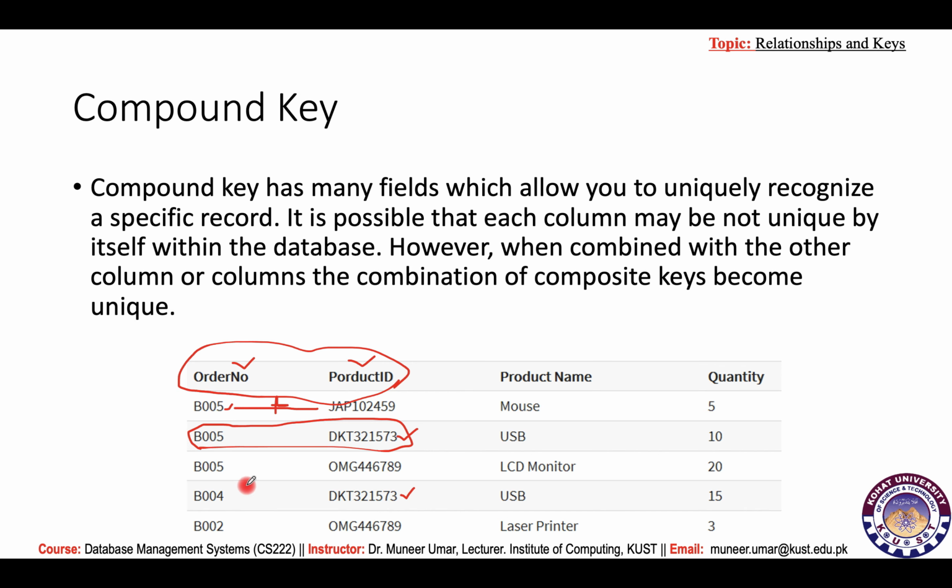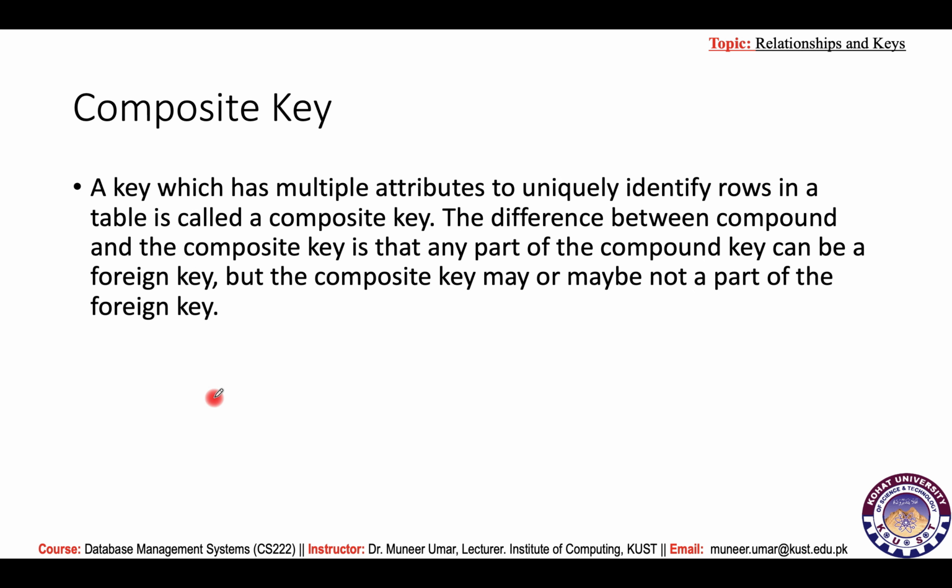Throughout the table we may have thousands of records, so these combinations would not repeat. This is known as compound or composite key. The combination of two or more attributes is known as compound or composite key.